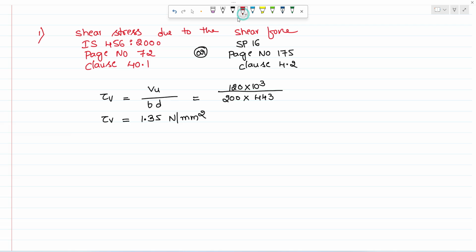So this is the first step. Next, second step will be maximum shear stress.